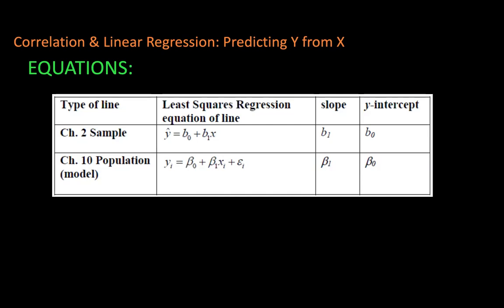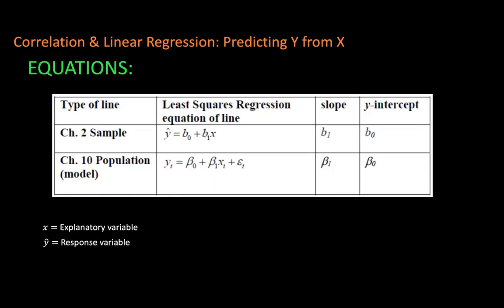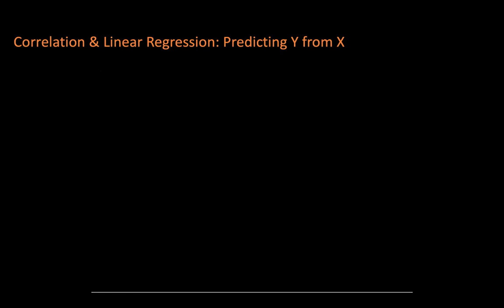For the population model, we use the Greek letters: beta 0 plus beta 1 x sub i plus epsilon sub i. The slope is beta 1 and the y-intercept is beta 0. The x is the explanatory variable, and the y is the response variable. We use y hat for the sample for the response variable.